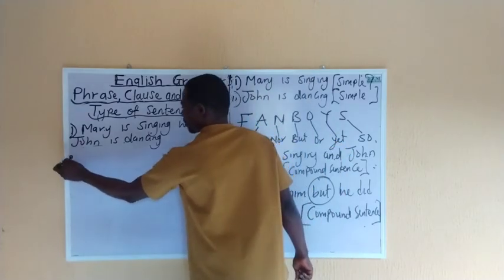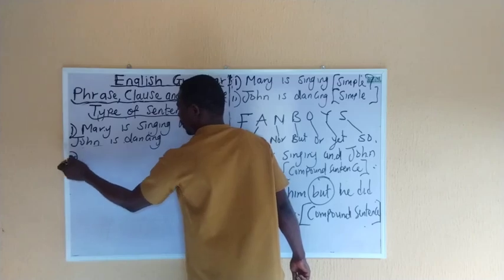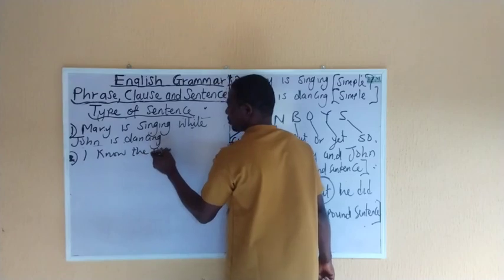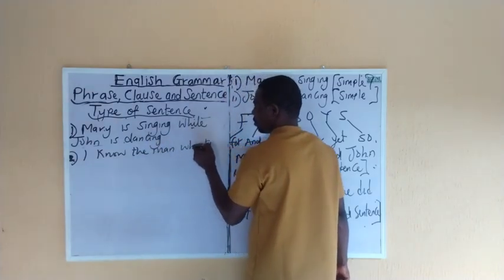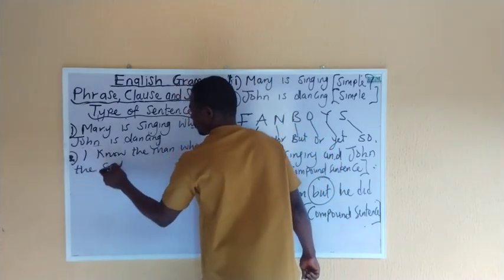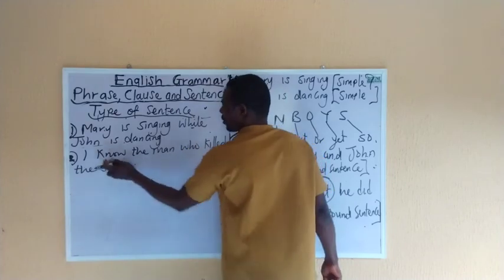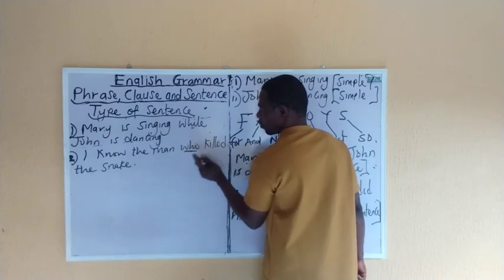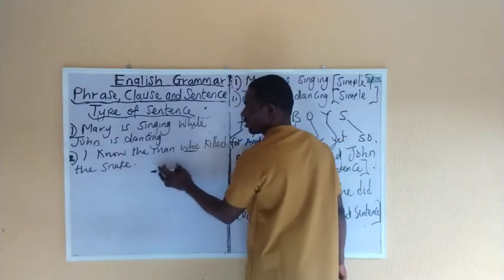Another example, example 2. I know the man who killed the snake. I know the man is the main clause. Who killed the snake is the subordinate clause.